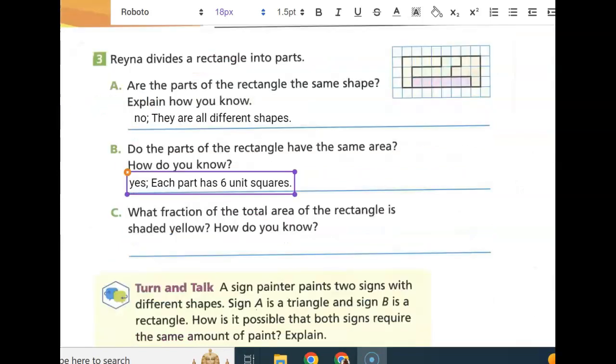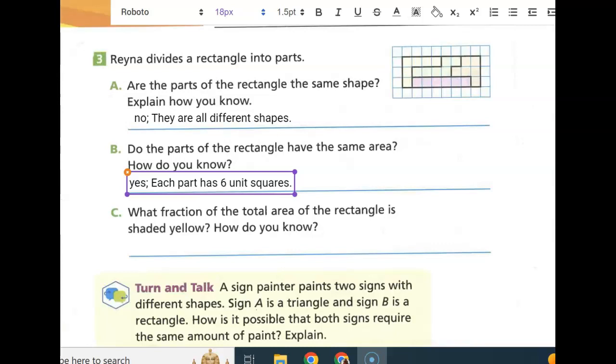What fraction of the total area of the rectangle is shaded yellow? I want you to think about how many parts this rectangle is divided into. How many parts are there? How many equal parts? 4. So the yellow part is what fraction of that whole?